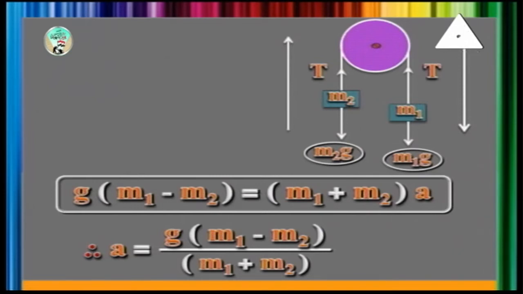We know that G equals 9.8 or 980 centimeter per second square. This is gravity force.